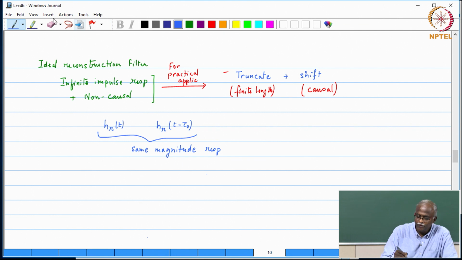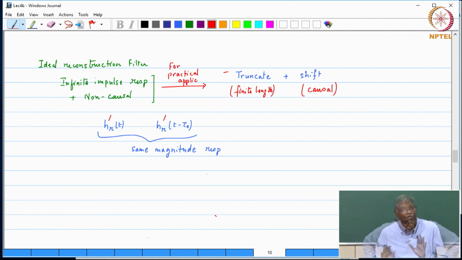Now, take it one step further: if I truncate and shift, again I do not change the magnitude response of the truncated filter. So, the shifting is not going to be an issue, it is a phase term which we need to take care of. So, what I need to worry about is the effect of truncation.